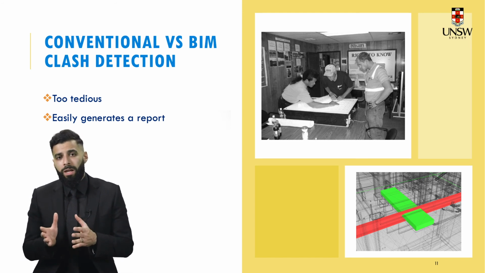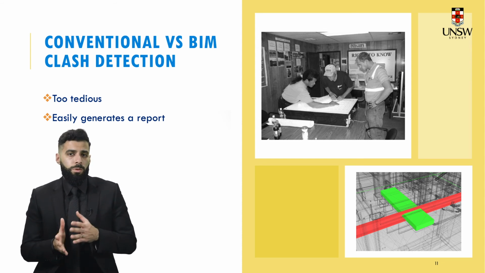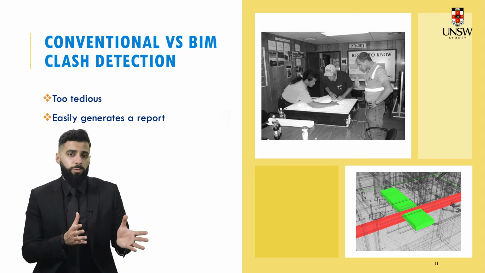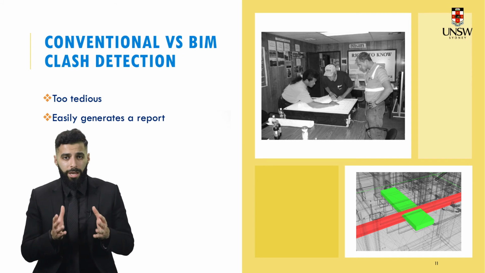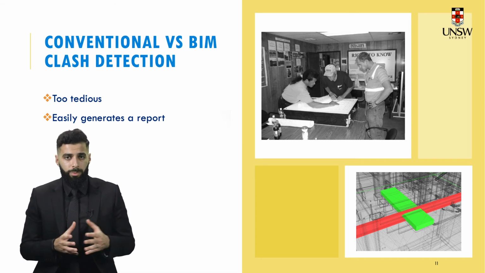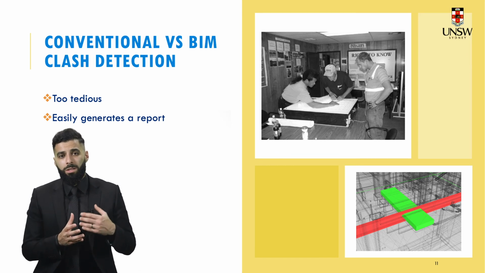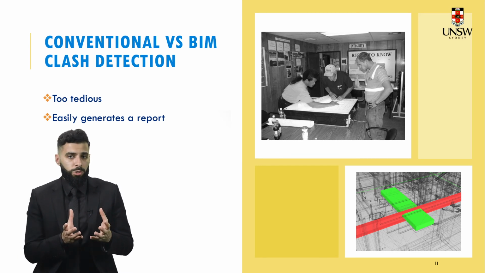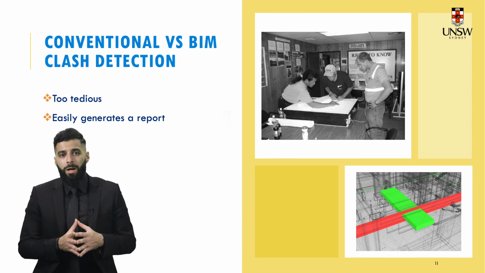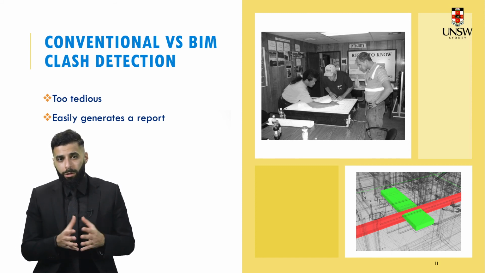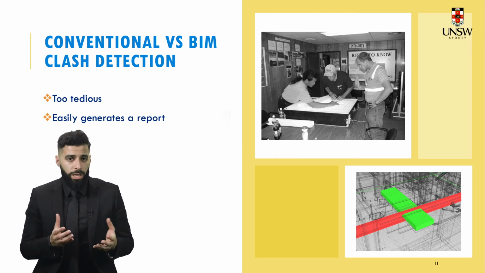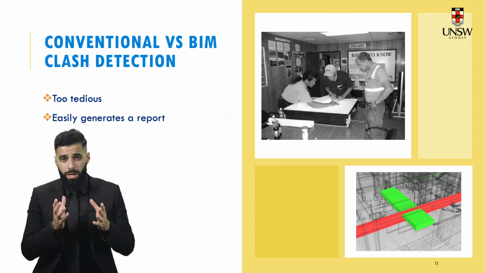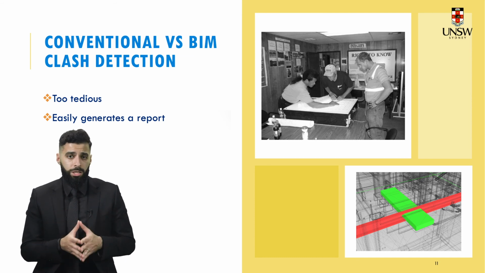Now, compare that to using BIM. In a lot of BIM software, you already have an algorithm that will automatically detect the clash. So you integrate all your designs into one core model, and then you run the algorithm, and this leads to improved visualizations. You can specifically visualize where the clash takes place.